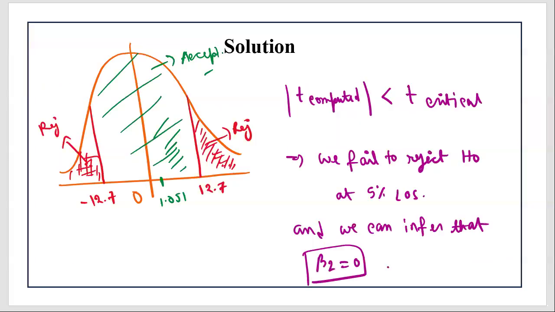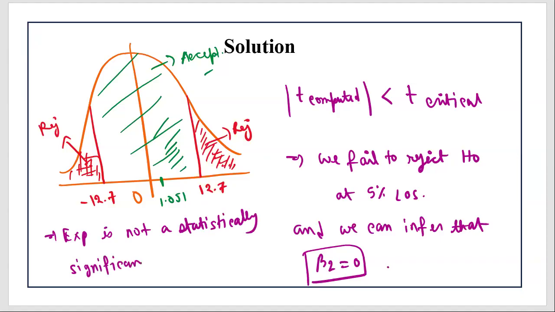So let me write it down, which means experience or years of experience is not a statistically significant variable to explain wage according to our data, right? At 5% level of significance, right? So this is all about this question.